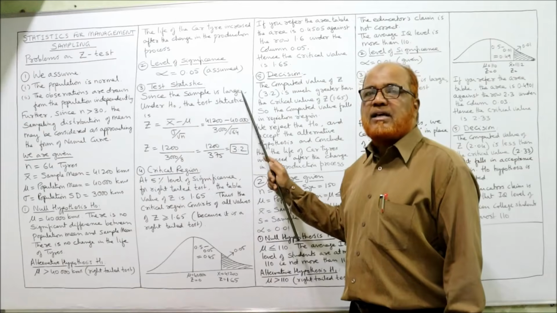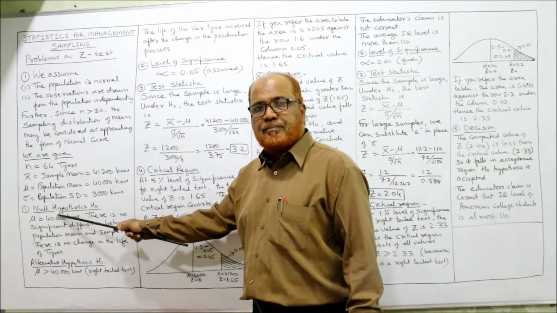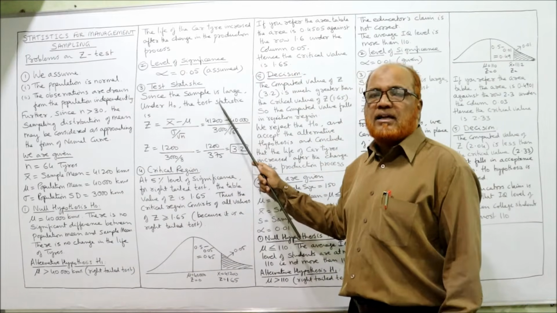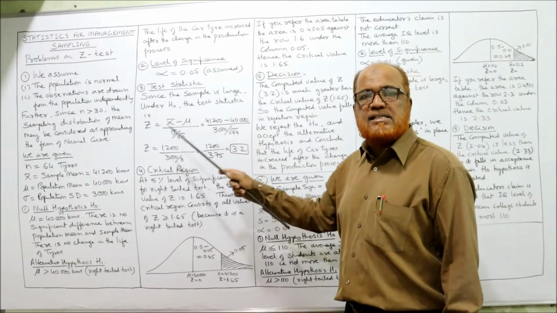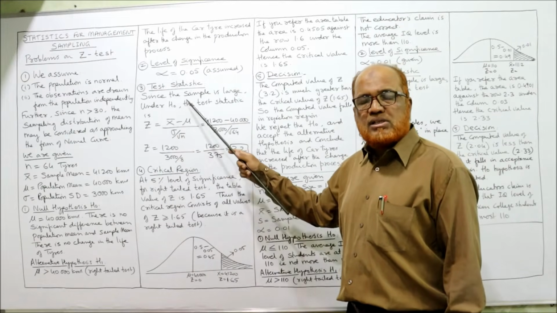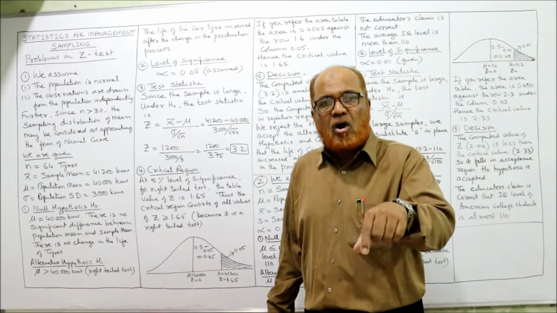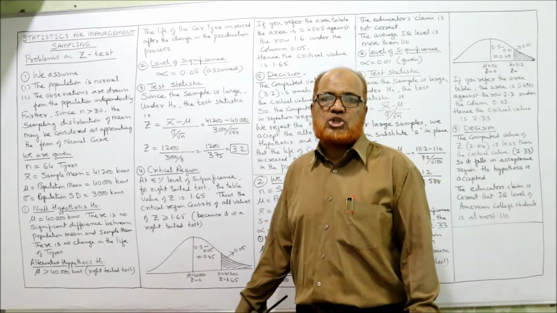So under the null hypothesis H0, the test statistic is Z.